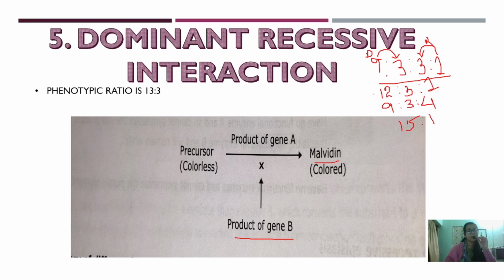And for recessive you need to add from this side. So 3 plus 1 is 4, 4 plus 3 is 7. So we get the ratio 9:7 for duplicate recessive. And for dominant recessive interaction we get the ratio 13:3. Why do we get 13:3? 9 plus 3 is 12, 12 plus 1 is 13, and 3.